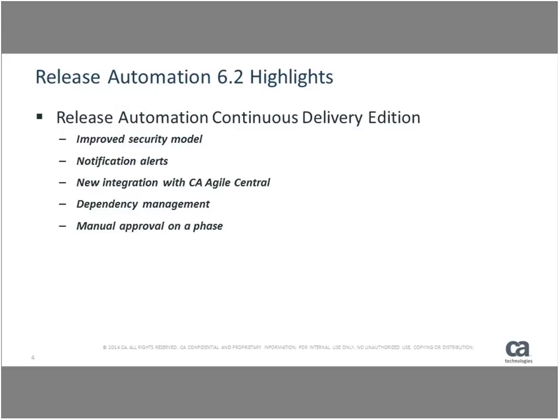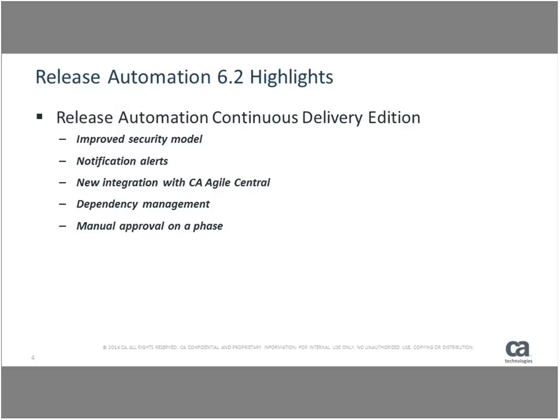In the Continuous Delivery Edition of Release Automation, we've also added a lot of new cool capabilities that really broaden the value of Release Automation and allow you to do more with the product. We improved the security model of the product. We've added a notification mechanism that allows you to understand whether there is something that needs your attention.